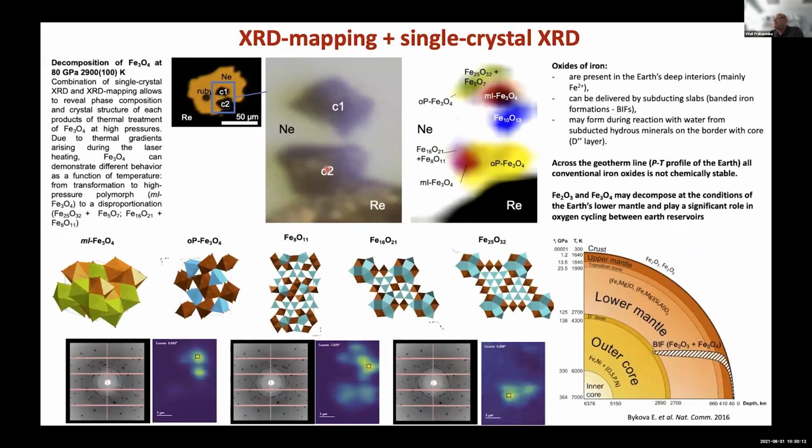But actually, after laser heating, what we found is a mixture of different phases. And there is no way that you can figure out what's going on without a single crystal approach. As you can see, each pixel here corresponds to one data set for a single crystal.